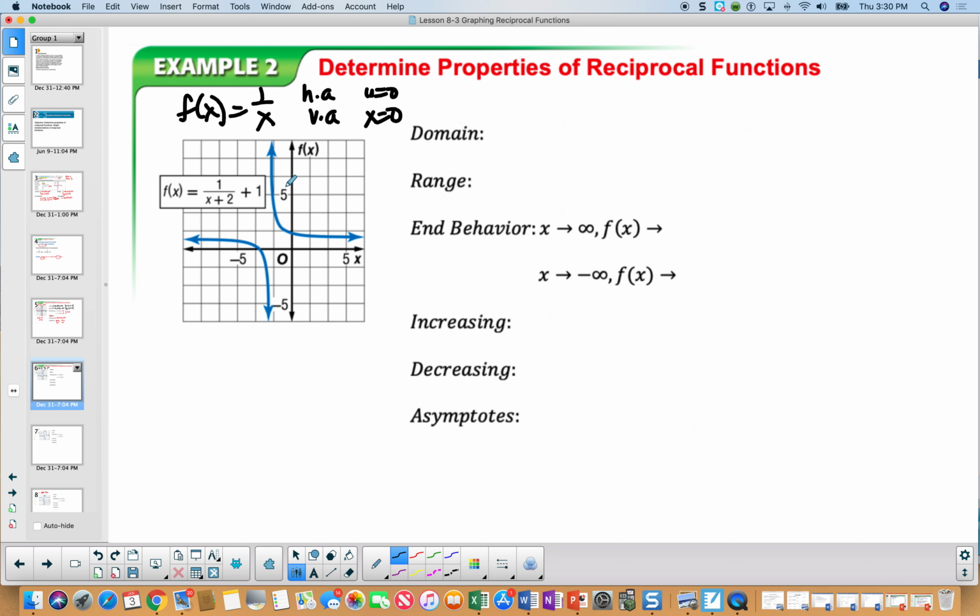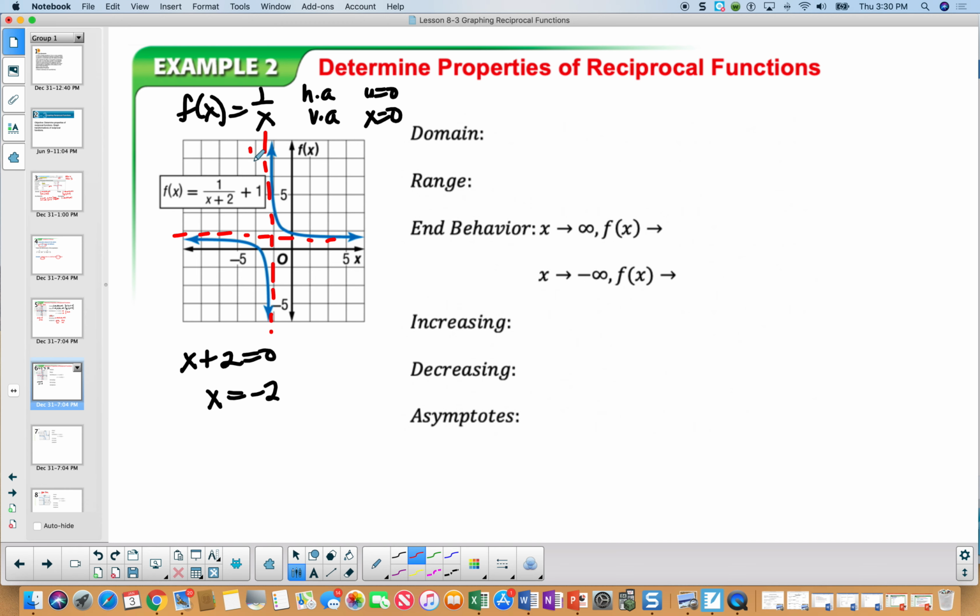Our vertical asymptote is normally on the parent function, but you see this has been shifted, and let's go ahead and set that equal to 0, and you can see the shift has gone to x is equal to -2. So this is our vertical asymptote now instead of what it was before. And it looks like also our horizontal asymptote has changed.